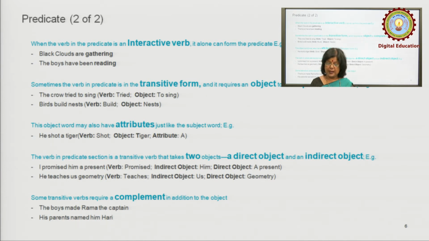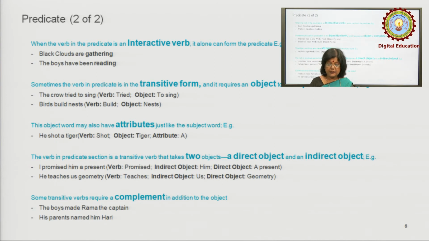So, that will be the direct object and the present is being given to him. So, it will be the indirect object. Another example: He teaches us geometry. Definitely the main verb here is teaches, which forms the main predicate part. Direct object is geometry and indirect object will be us.